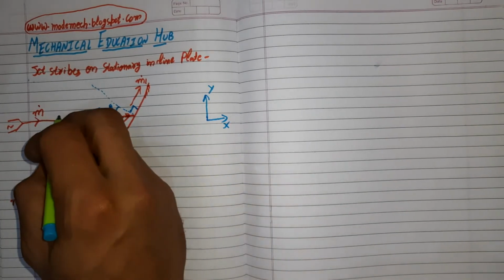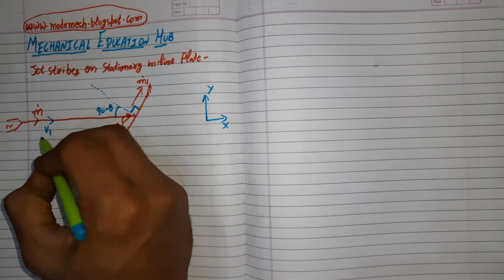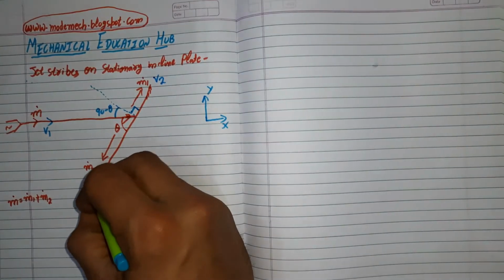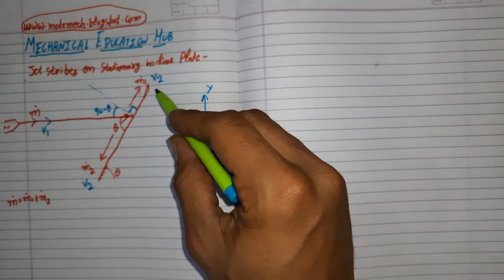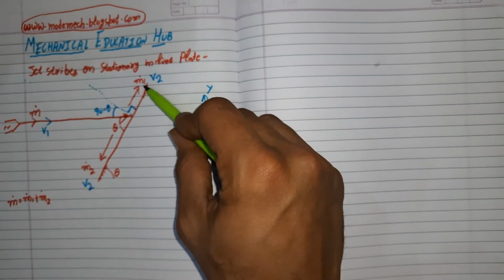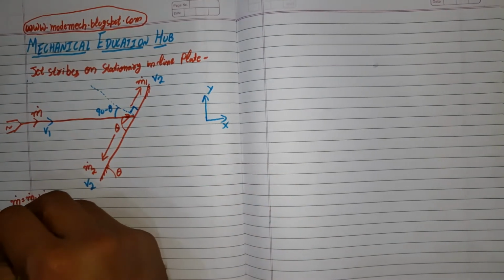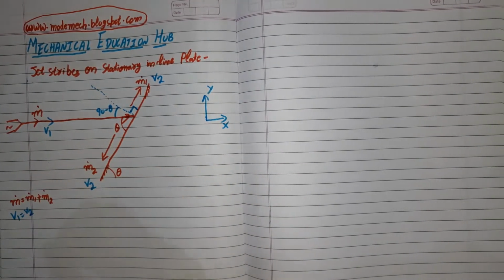I am considering water is coming with velocity v1 and exiting with velocity v2 from both the exit points, and if the surface of the plate is frictionless, then v1 will be equal to v2.